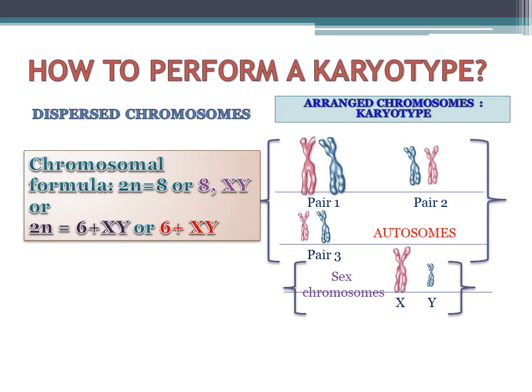We can also use 2n equals 6 plus XY, where 6 is the total number of autosomes, or simply we can say 6 plus XY. We usually use these two formulas. This karyotype belongs to a male since we have X and Y chromosomes as gonosomes.